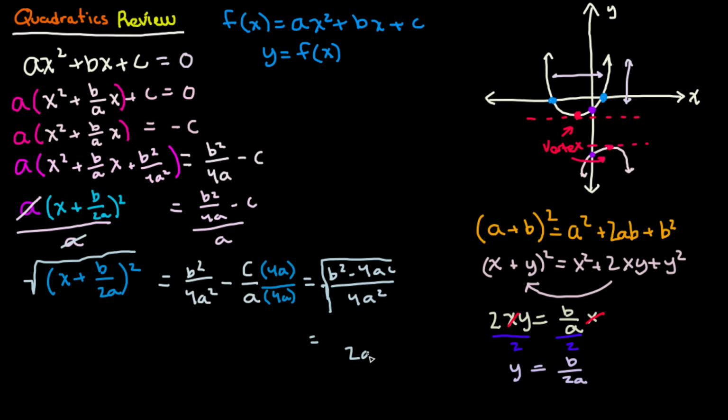This becomes 2a over, and then this becomes the square root of b squared minus 4ac.